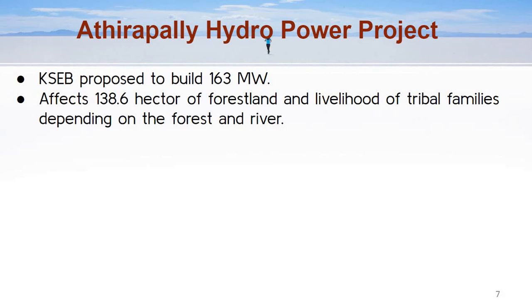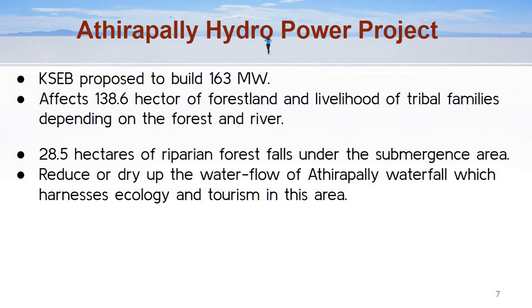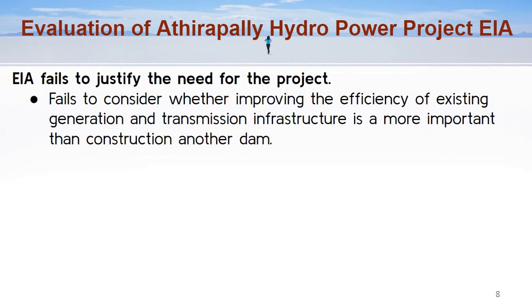It affects 138.6 hectares of forest land and the livelihood of tribal families depending on the forest and river. 28.5 hectares of riparian forests fall under the submergence area. It would reduce or dry up the water flow of Adirapalli waterfall, which supports ecology and tourism in this area.